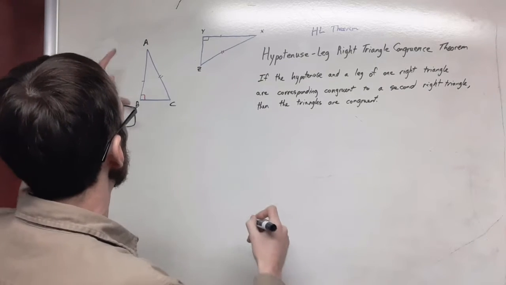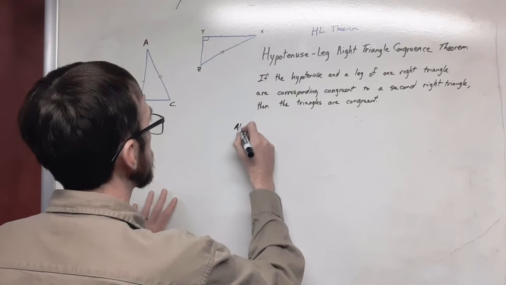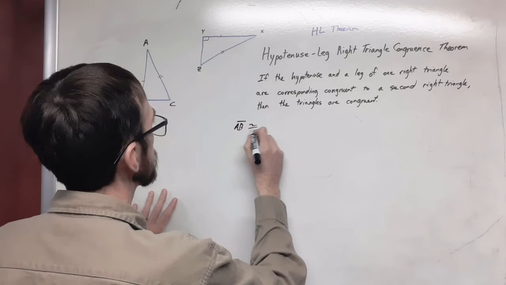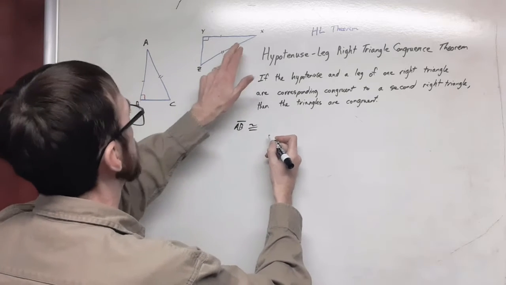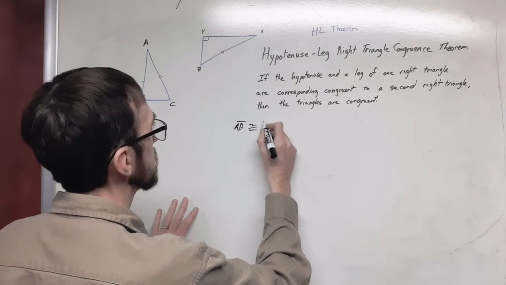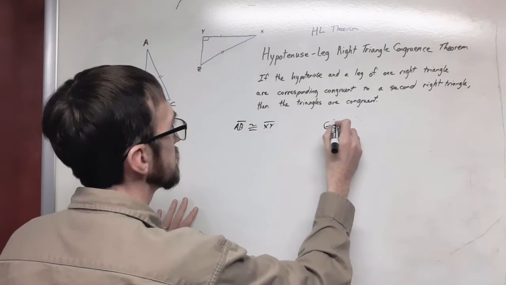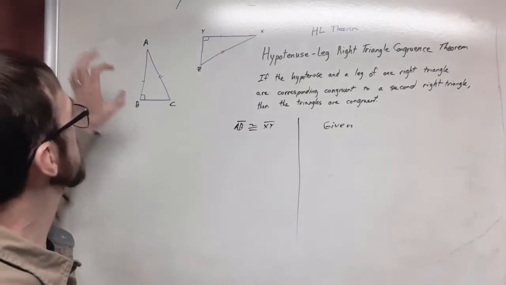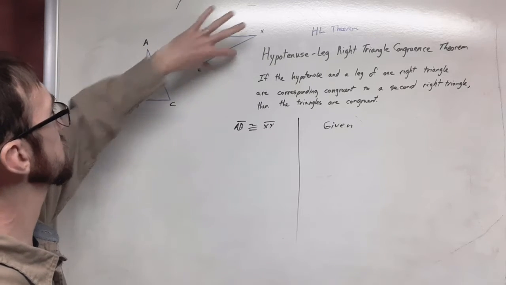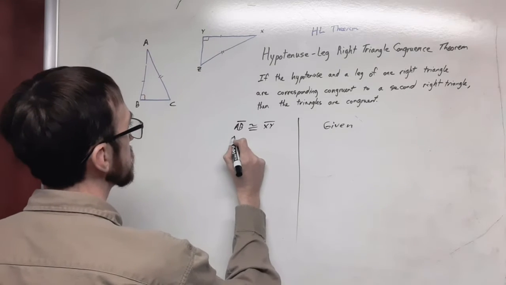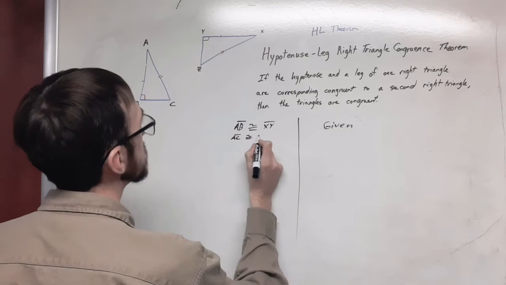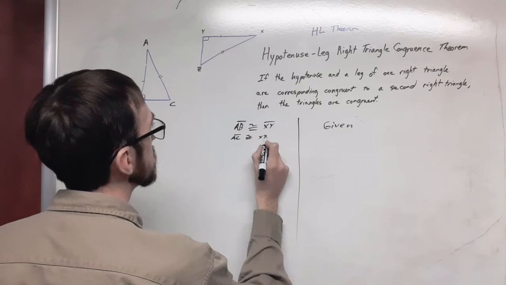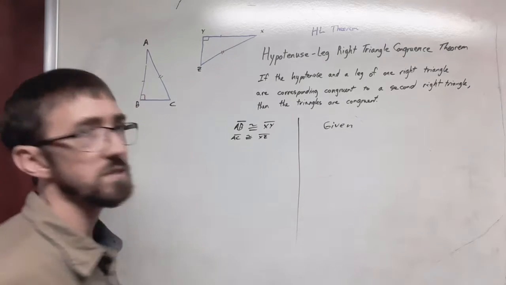So given is segment AB is congruent to segment XY. That's a given. We also have that the hypotenuse is congruent. Again, that's given.